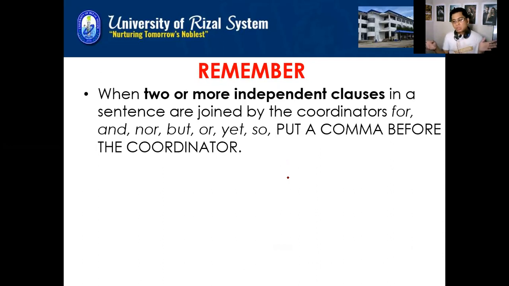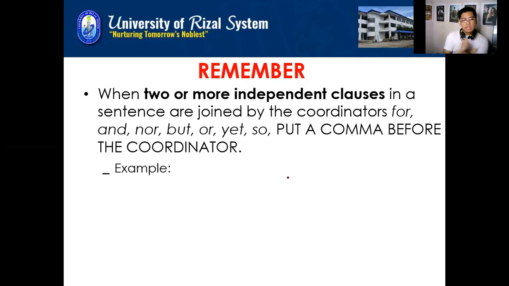So if a certain clause has those elements, then it's a clause, and therefore it is a sentence. So if you're joining two independent clauses, these clauses can stand alone, meaning they express a complete thought or complete meaning.